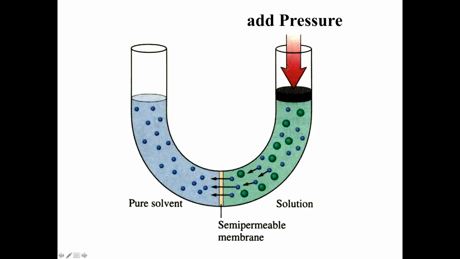This would decrease. But if we add enough pressure on this side, we can force the water molecules to go from the saltwater solution into the other side of the U-tube. And so this is a way to purify water. It ends up concentrating the saltwater solution.